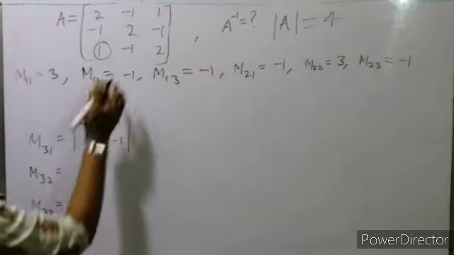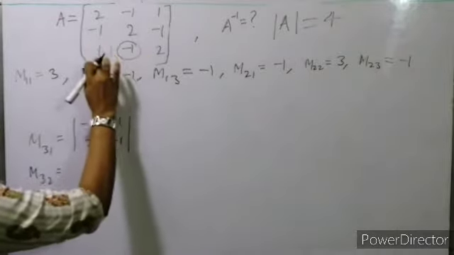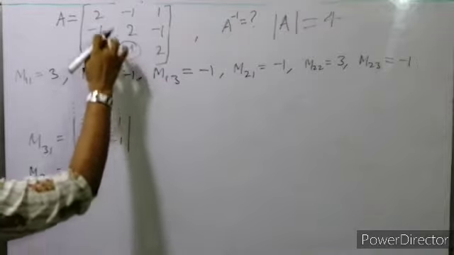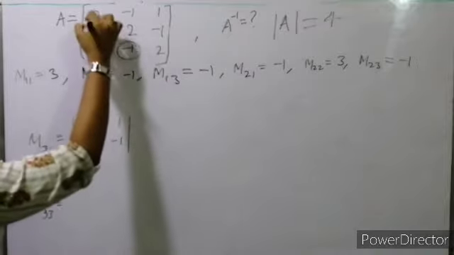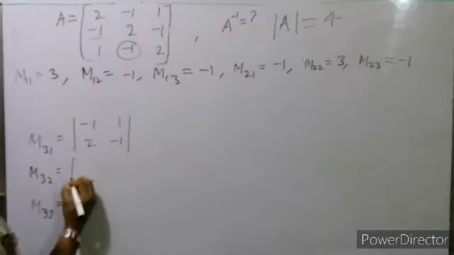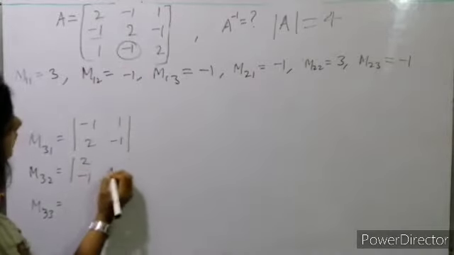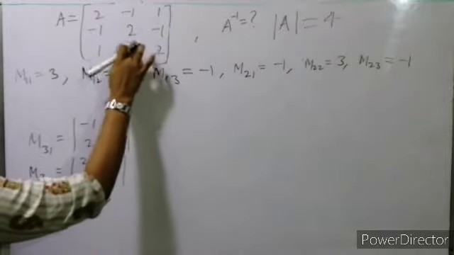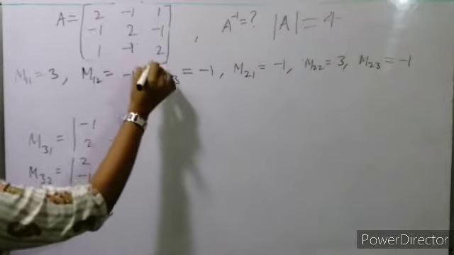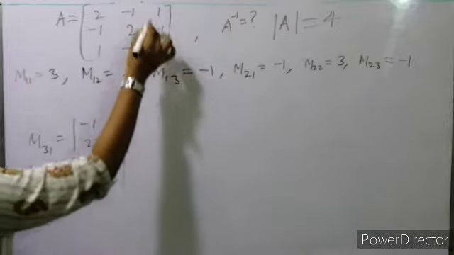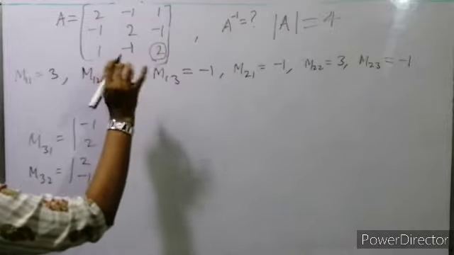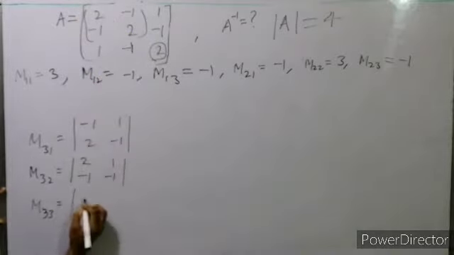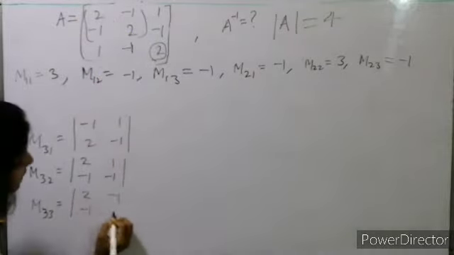Now 3 2, when we remove the third row and second column, what are we getting? These two and these two. Minus 1, 1 minus 1. Now when we remove the whole row and column of 3 3, this row and this column, what are we getting? We'll get this one. So 2 minus 1 minus 1, 2.